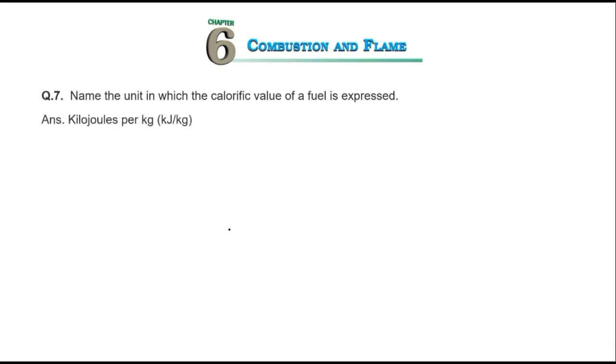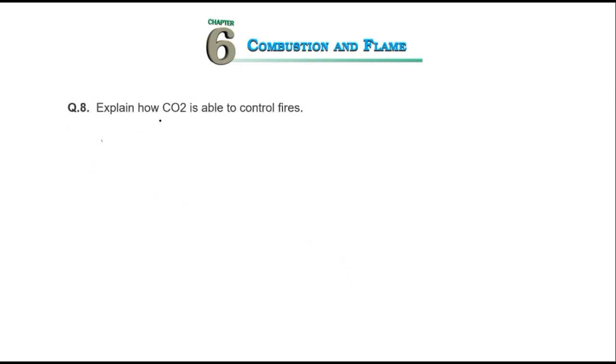We'll go for the next question. This is the answer: kilojoules per kg. When you write it this way, you have to read it as kilojoules per kg. So the next question is, explain how CO2 is able to control fire. This also we have discussed in the previous videos. However, we'll see what the answer is, and the answer should be in points. But in general, why is CO2 used?